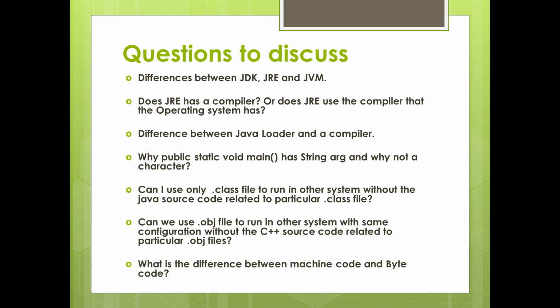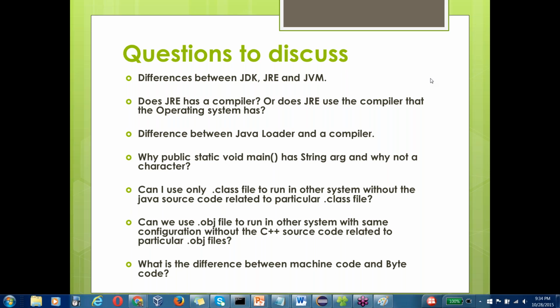So why do we have string arguments inside the main method? Why not characters? The parameter that we pass to the public static void main method, which is called by the JVM, is a string array. Not just a string, it's a string array which we pass when we call a Java program. You could have a main method which takes a character array actually.